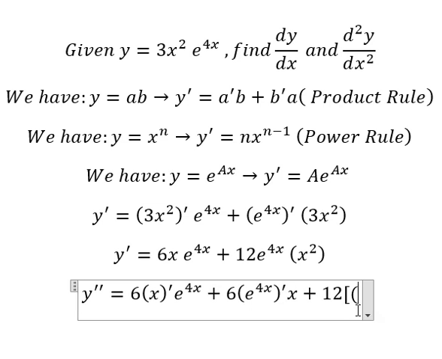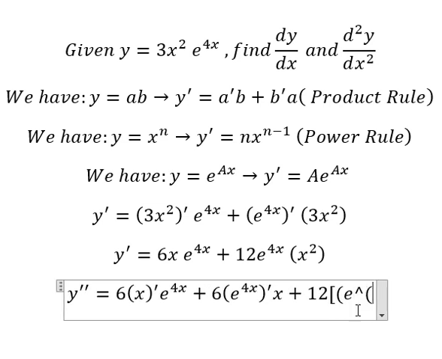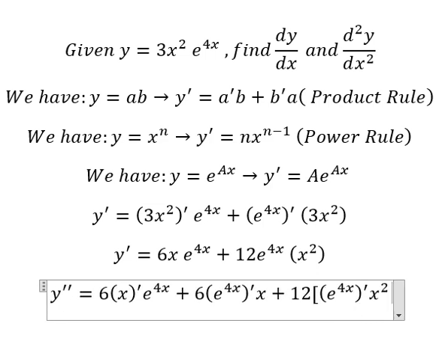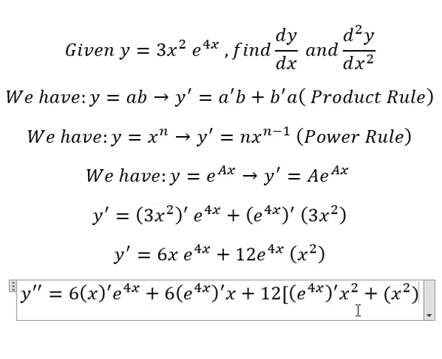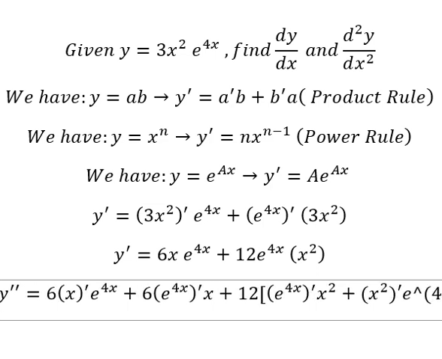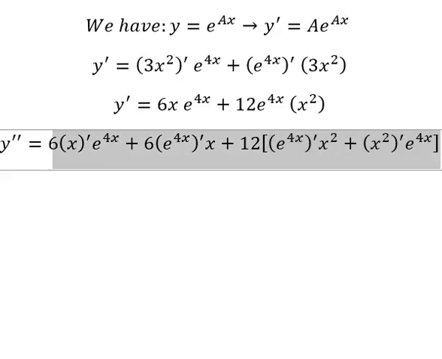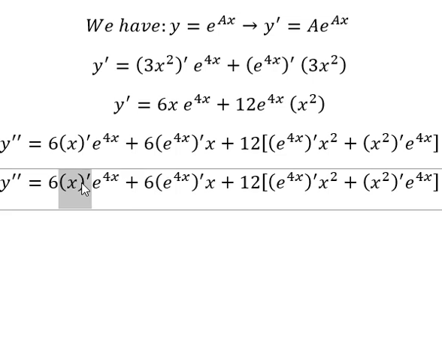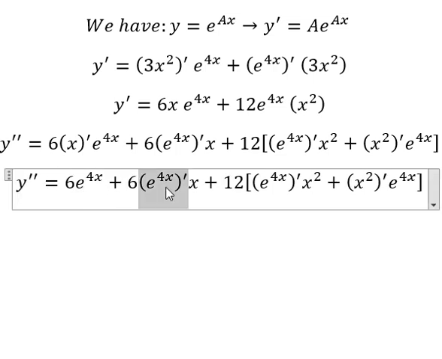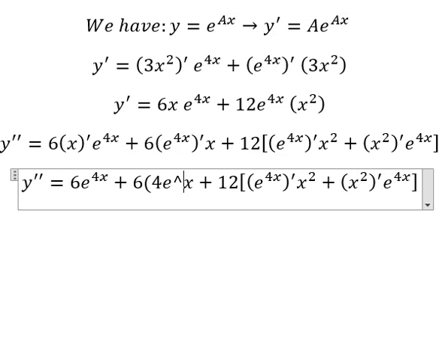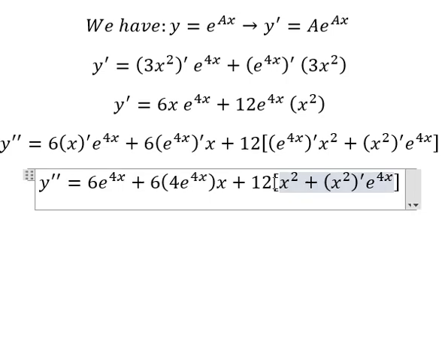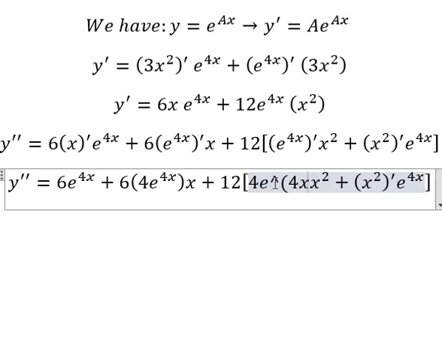And now we repeat again. So this one we have number 1. This one we have 4e to the power of 4x. This one 4e to the power of 4x.